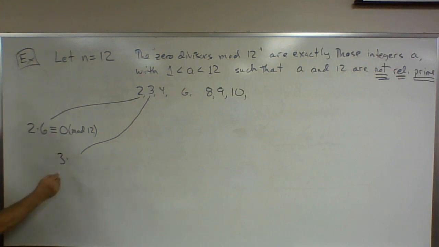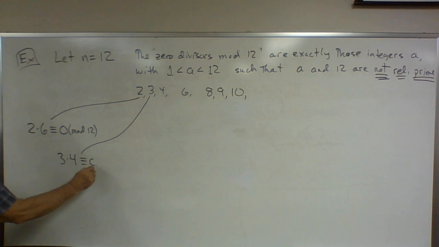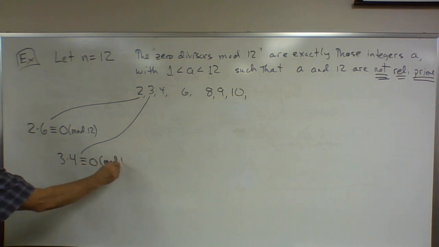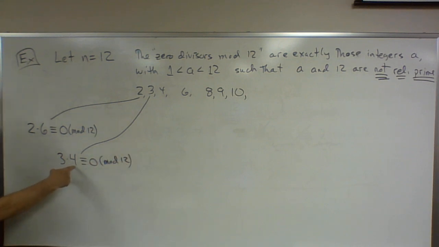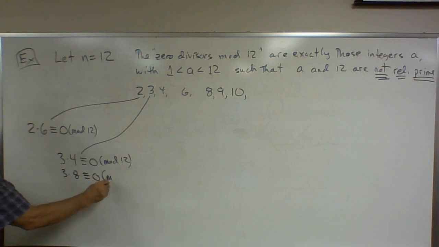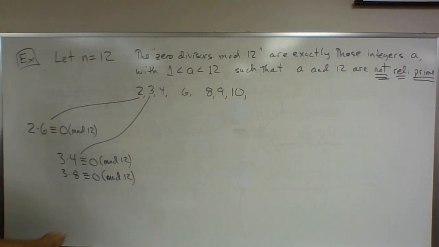What do you think? 3 and 4: 3 times 4 is congruent to 0 mod 12. Now, 4 was not the only candidate. Another one is 8. 3 times 8 is 24, which is 0 mod 12.